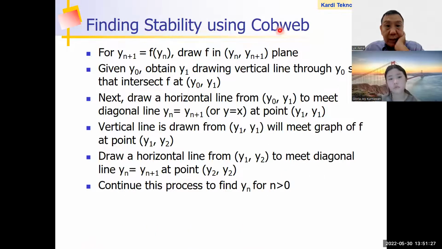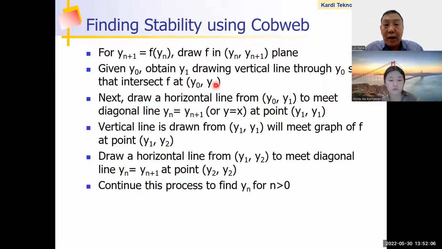Now if you want to find the stability from the cobweb, you can also do that. First you draw yn plus 1 equal to function of yn. You draw this f in the yn and yn plus 1 plane, the one that I drew a while ago. Then from any initial value y0, you draw a vertical line to obtain y1, so it will intersect the f at this point.